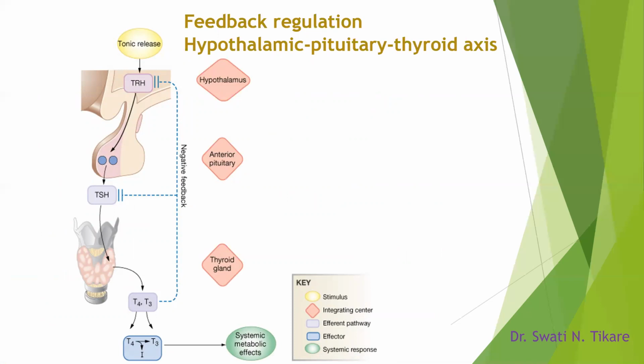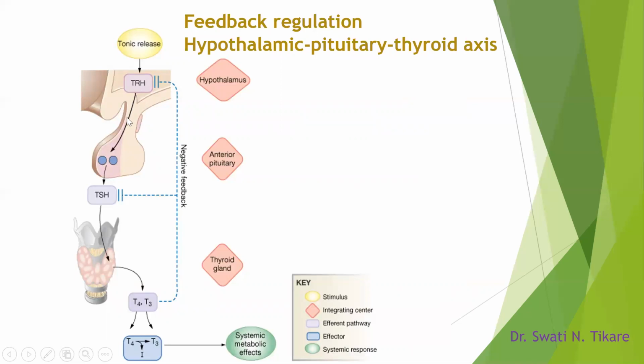The second mechanism is the hormonal mechanism. This diagram I know you are very familiar with by now. The hypothalamus releases thyrotropin releasing hormone. How does this thyrotropin releasing hormone act on the anterior pituitary? How does it come here? I hope you can recall.